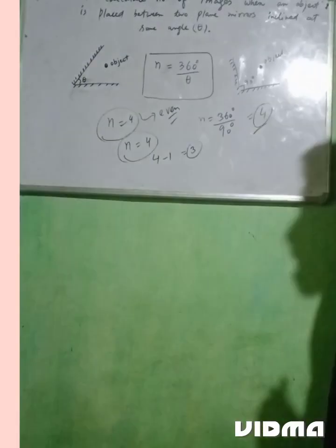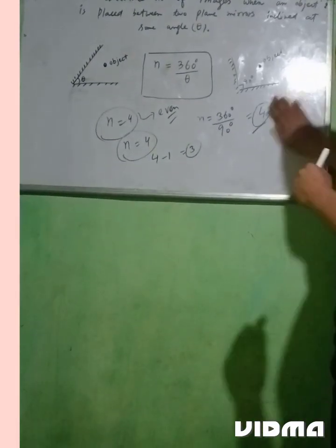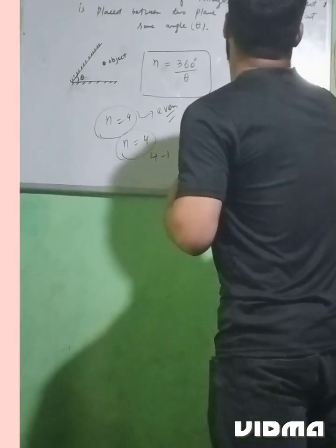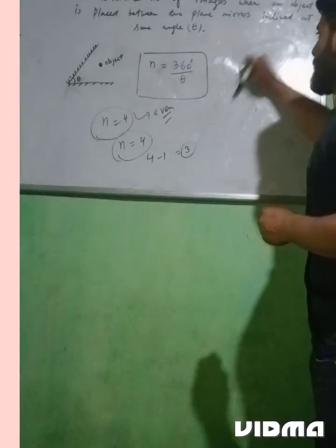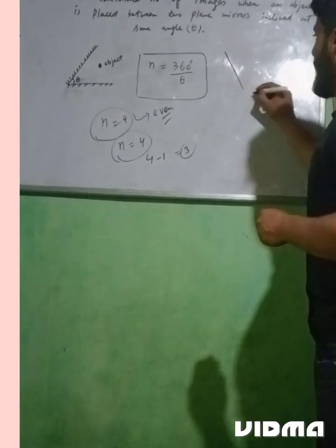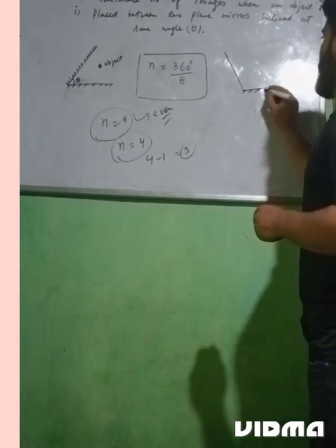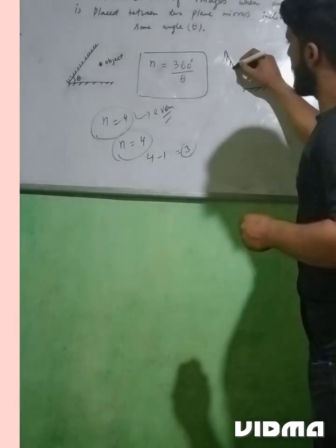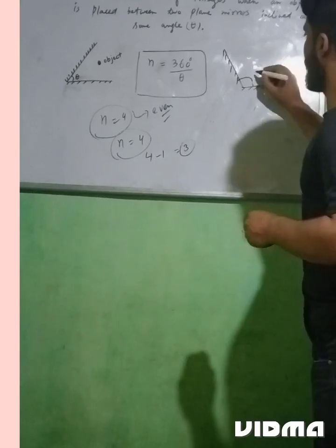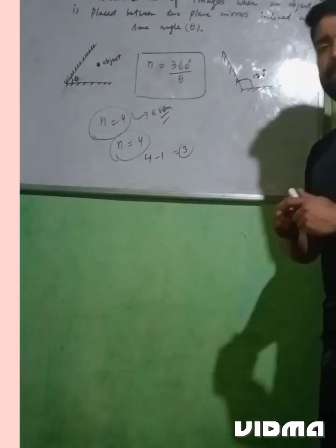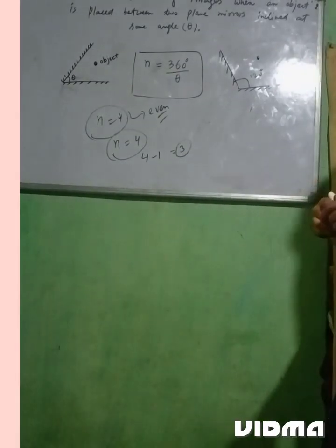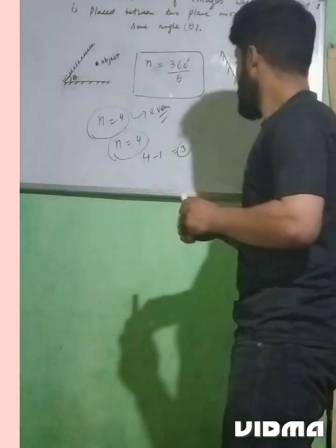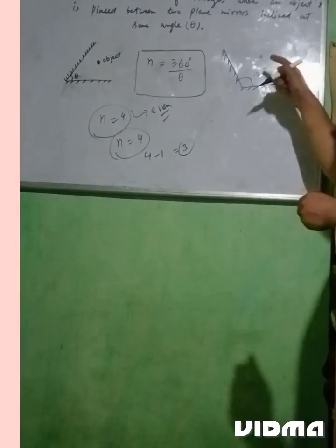Okay, now we will do one thing. If two plane mirrors are inclined at, for example, 120 degree, an object is placed here in between them, then how many images will be formed of this object?